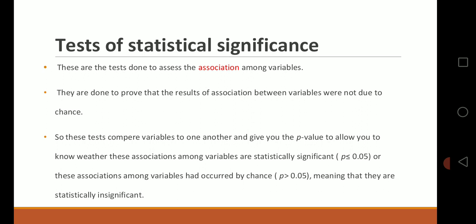Okay, these tests are done to prove that the results of association between variables were not due to chance. That's why these tests generate a p-value, and we said that when the p-value is less than or equal to 0.05, this means that these associations are real, not due to chance.